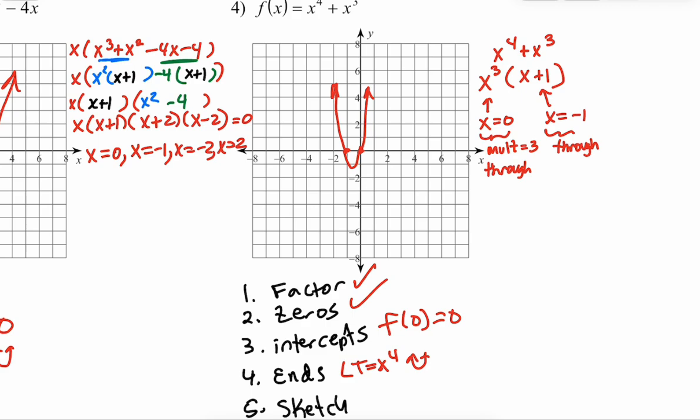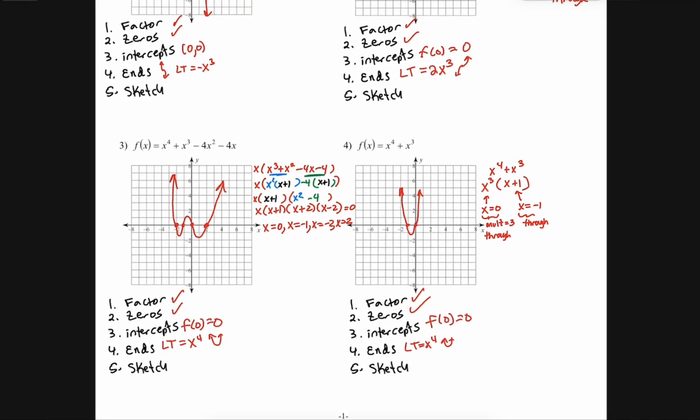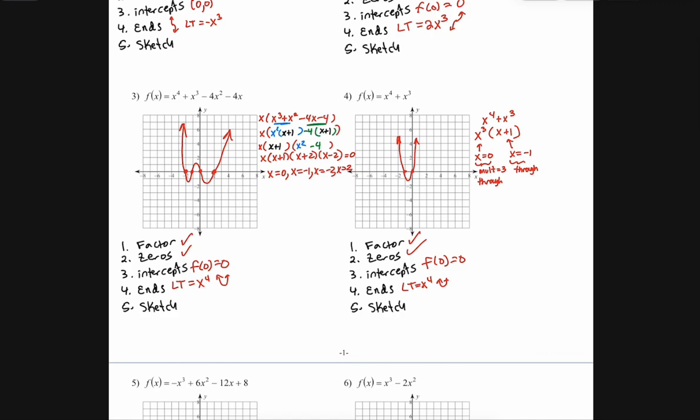That's kind of what it looks like. Okay, so that is number 4. Again, my knowledge of calculus lets me think that it's not a perfect little cup like a parabola, but you don't have to worry about that until you're sitting in a calculus class. Everybody good with our graphs that we see there?